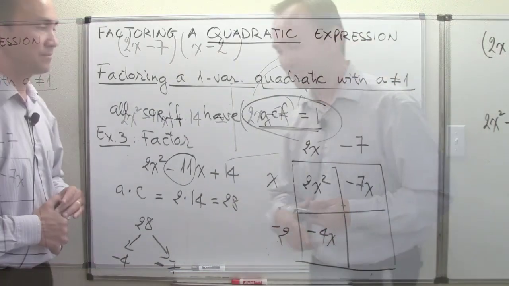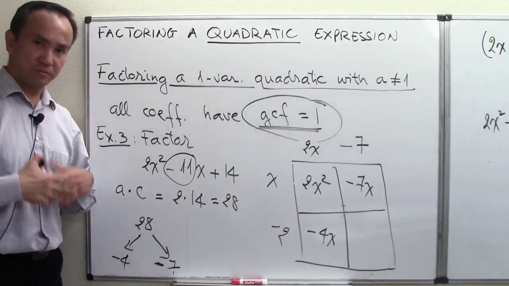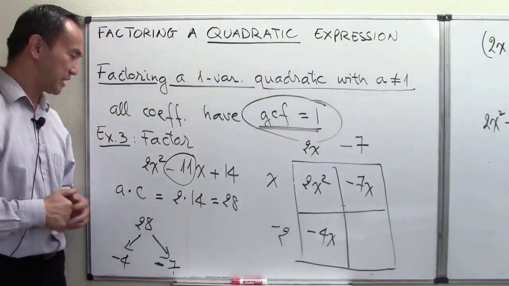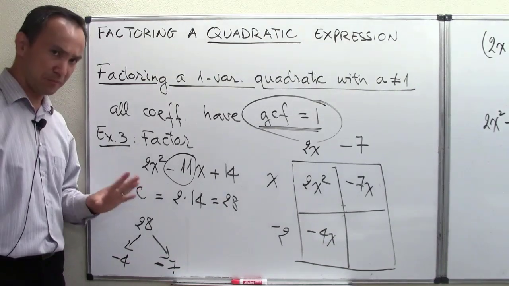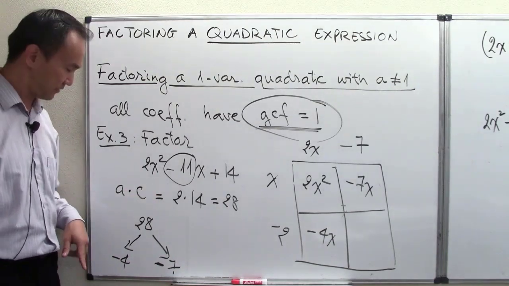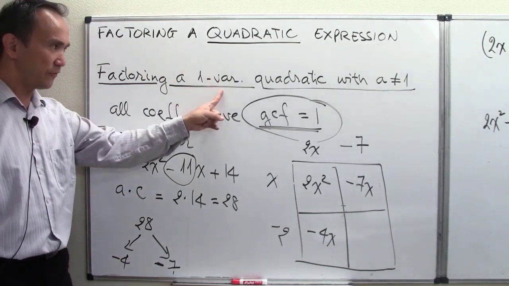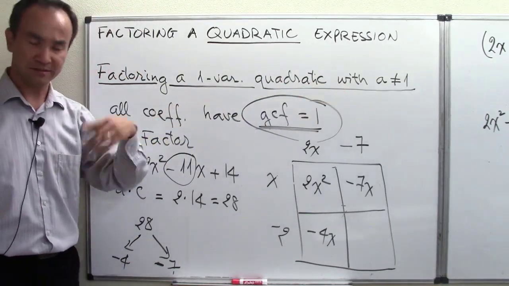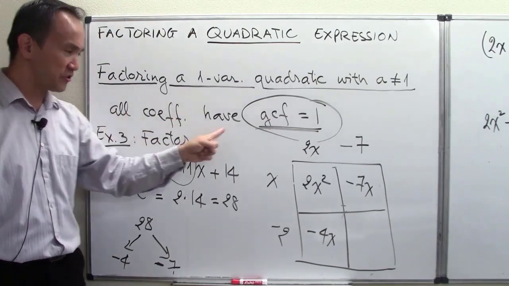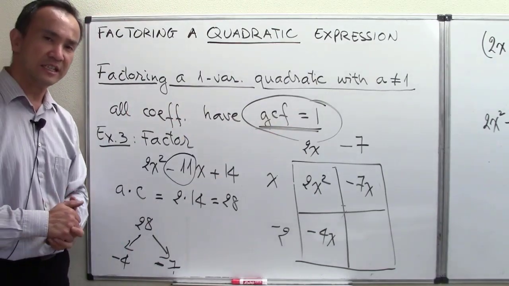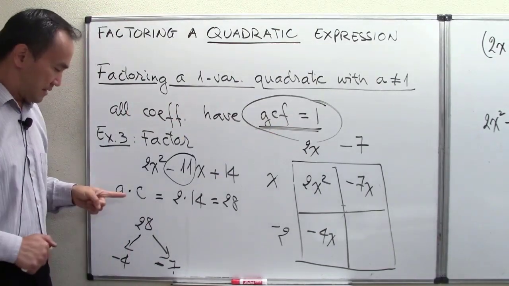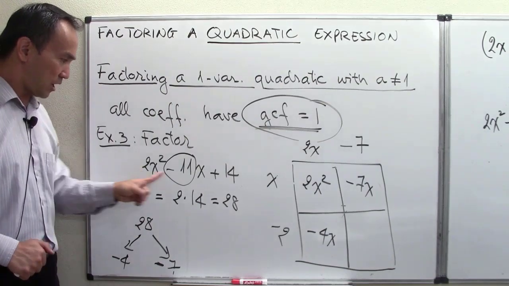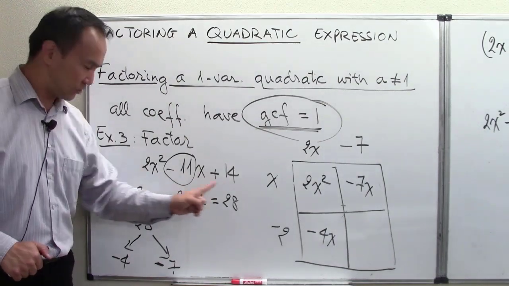Okay, so just summarizing the steps for this kind of problem, and this is a big method. It's a one variable quadratic with leading coefficient other than 1, and all coefficients have greatest common factor equal to 1. The first step is to multiply a and c.